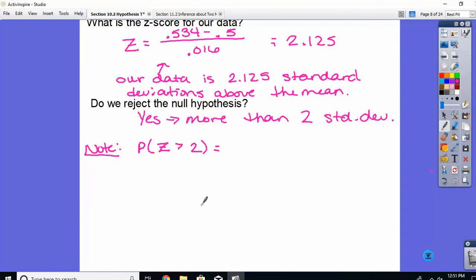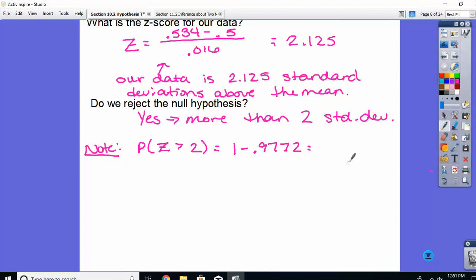Let's see how rare it actually is, 2 standard deviations away from the mean. So if you go to your normal table, when my z is 2, what do you get from your table? Yeah, and to do greater than, you would do 1 minus.